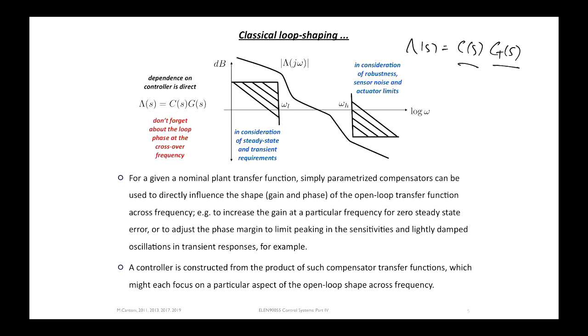It's compensating the shape of the given G to give us a desired open loop shape, something that looks like this, in a fashion that's consistent with our performance requirements and the limitations of our sensors and the model we have. All right? So that's why we often call this a compensator.